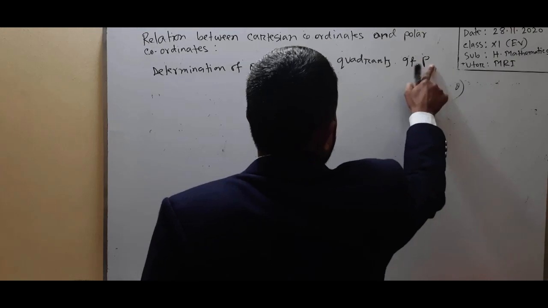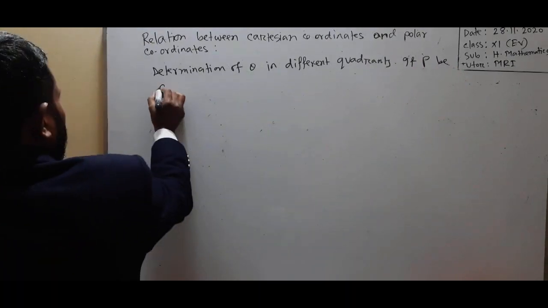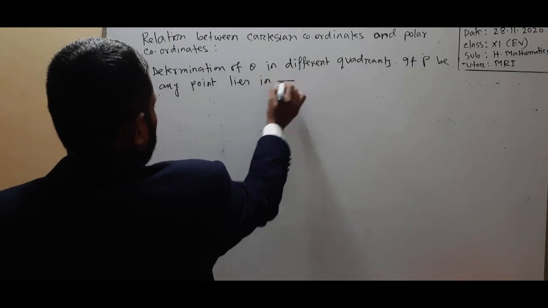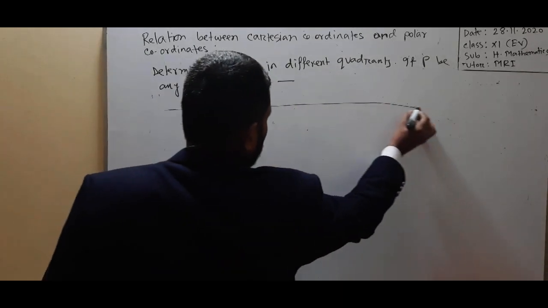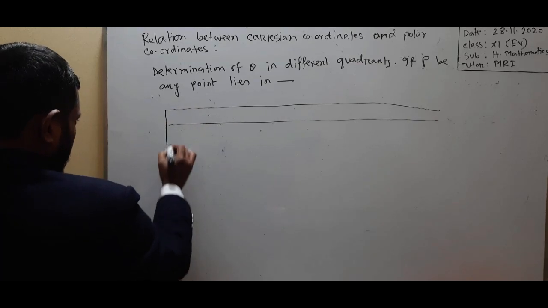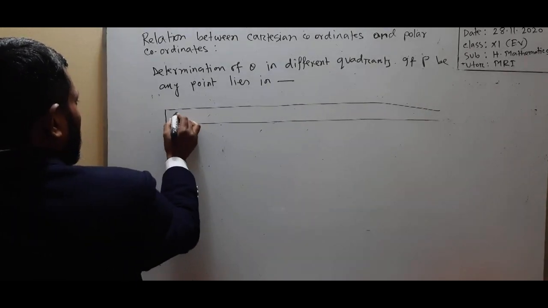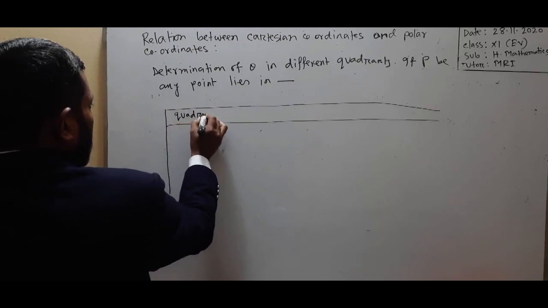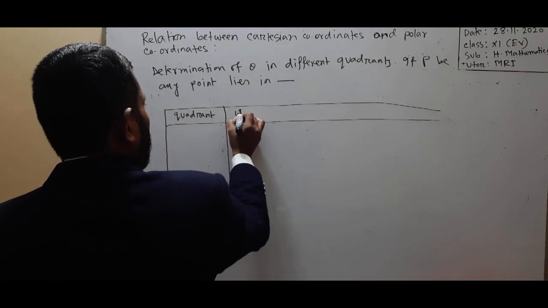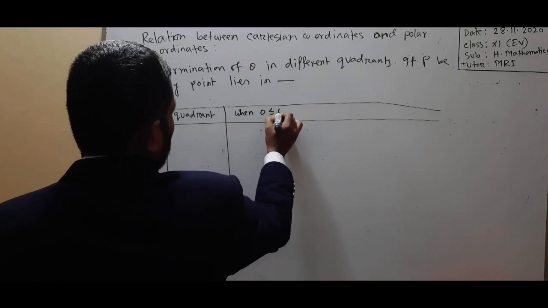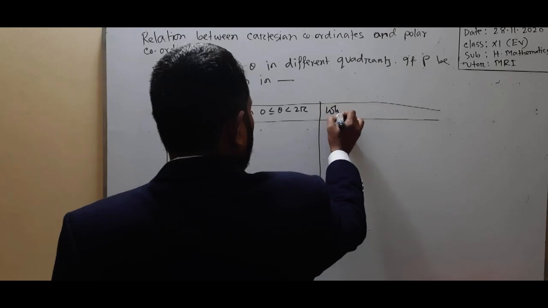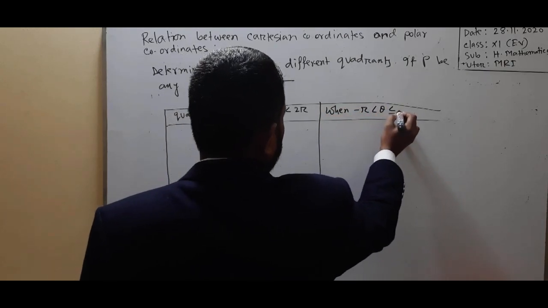If P be any point lying in this quadrant, when the value of theta is 0 less than or equal to theta less than 2 pi, or another condition, when minus pi less than theta less than or equal to pi.